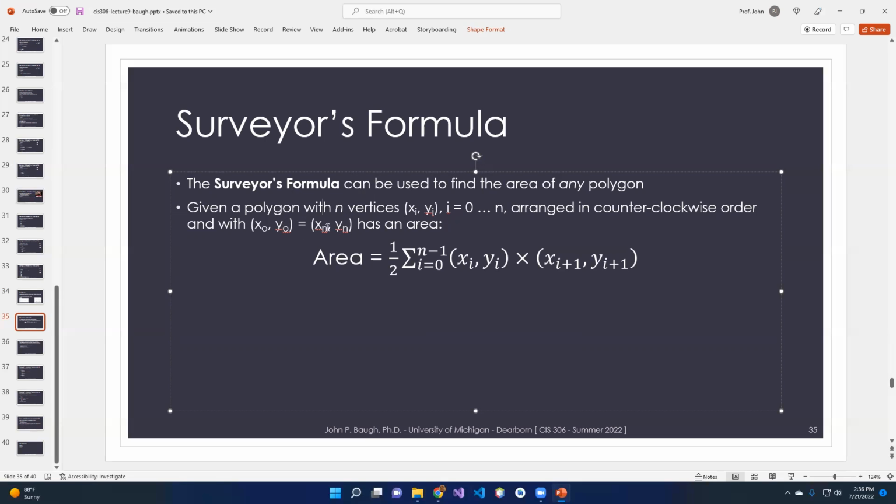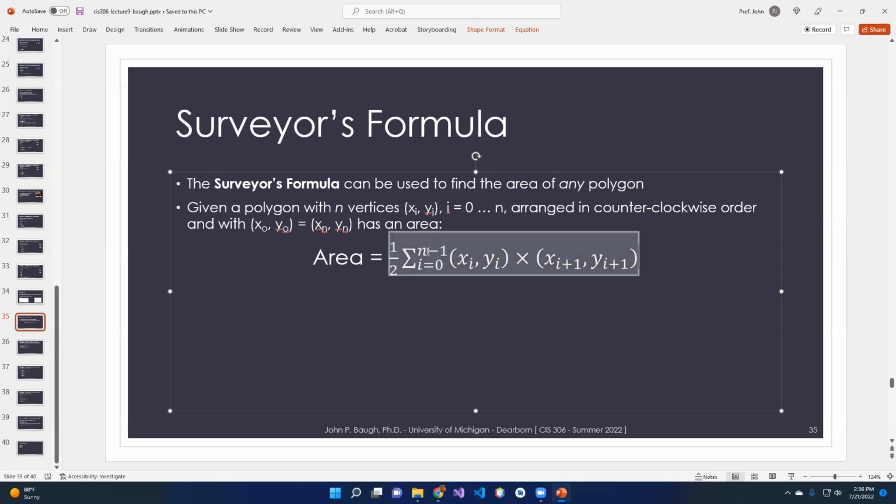So you have to start and end with the same point. Anyway, the area in this case is going to be this formula here.